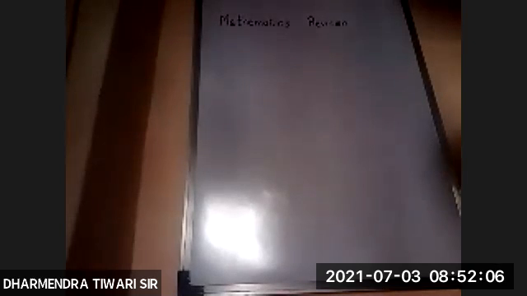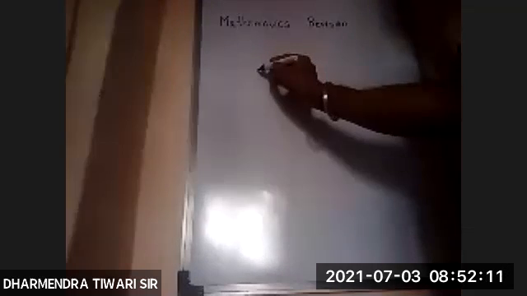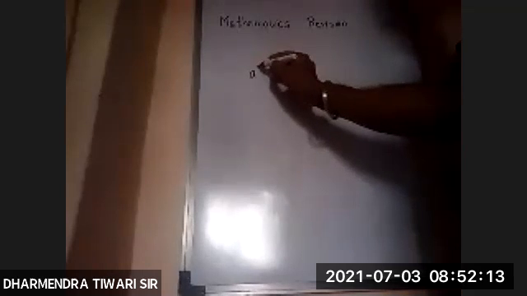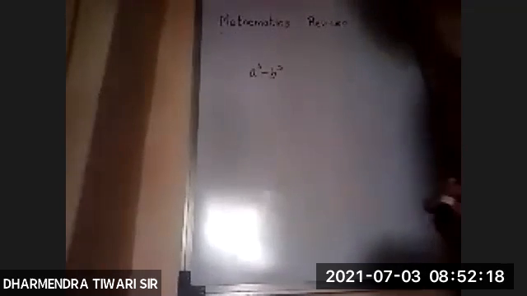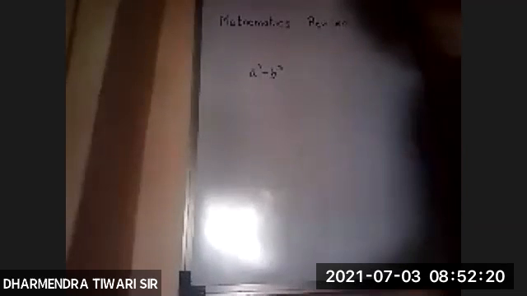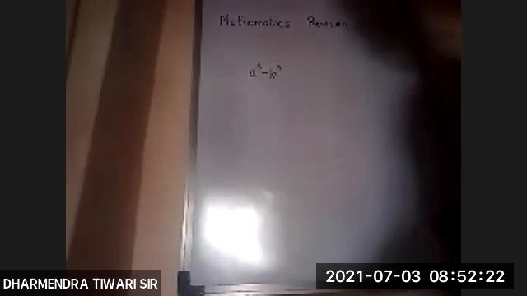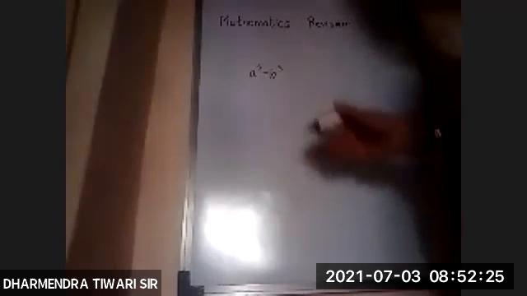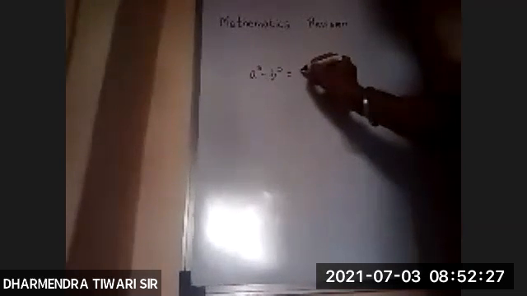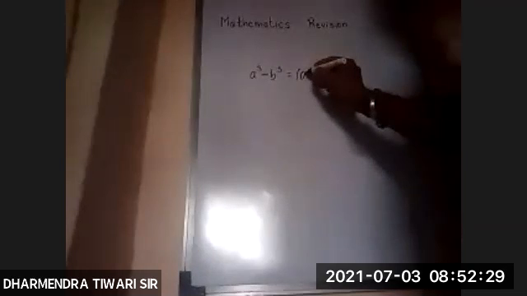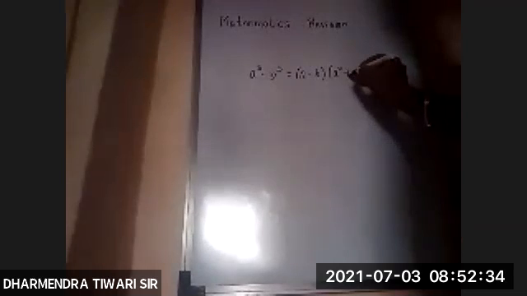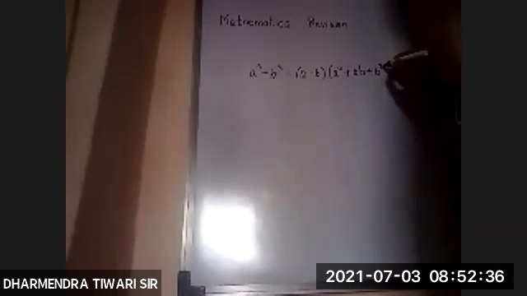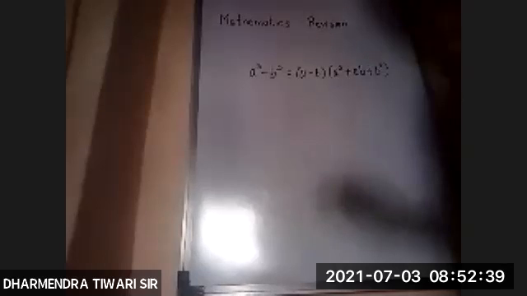So yesterday, before leaving the lecture, I introduced you to a formula: a cube minus b cube is given by a minus b into a square plus ab plus b square.